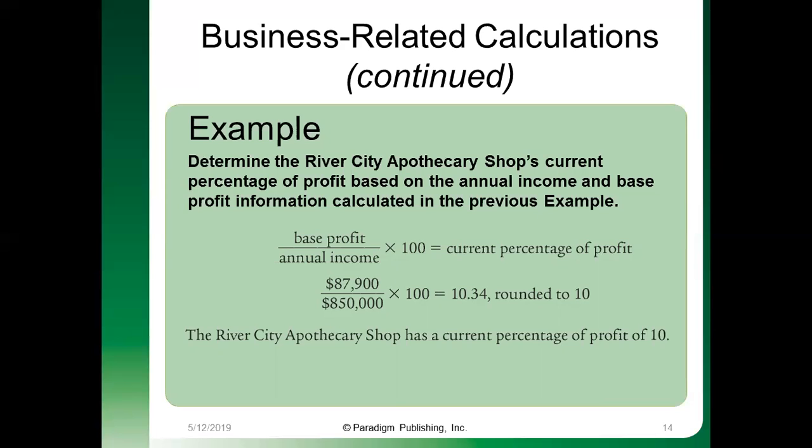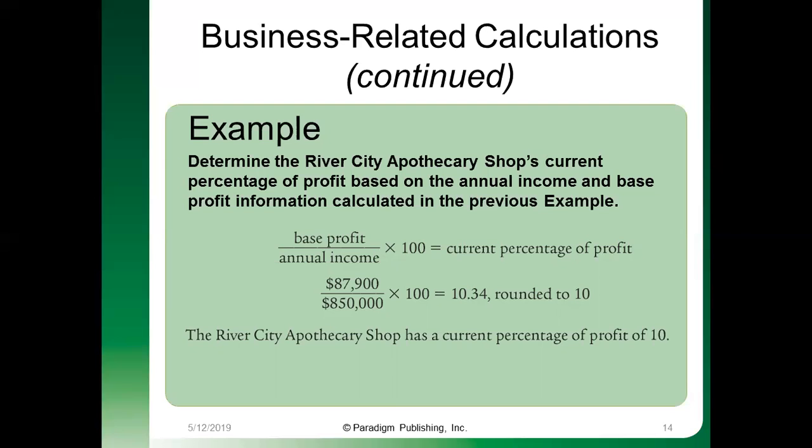So we're going to divide the base profit, not subtract. You're going to divide the base profit by the annual income times 100, and that is going to give you the current percent of profit. From the previous problem, we learned that the base profit was 87,900.